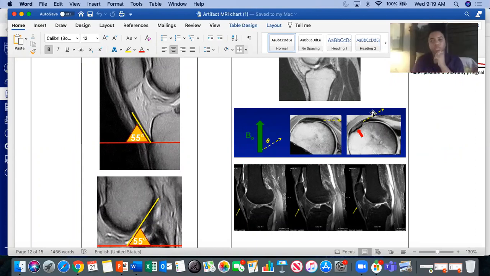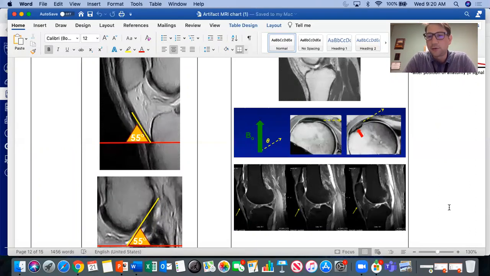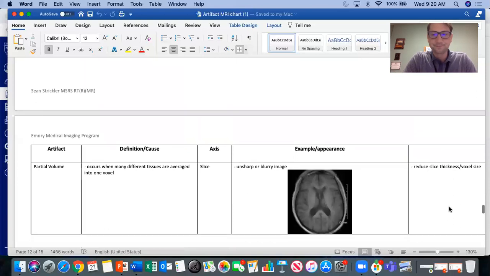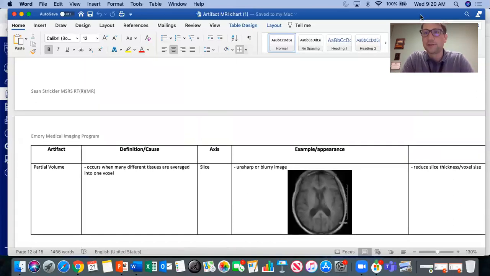It more commonly occurs here in the shoulder where you have them in a shoulder coil and then they're kind of at a weird angle. And then that angle's 55 degrees to B sub 0. So I would say it probably occurs more like something like this than in the knee. But if it is the knee, maybe it's just because you didn't use a dedicated knee coil. You use a flex coil or something. Good question, though.